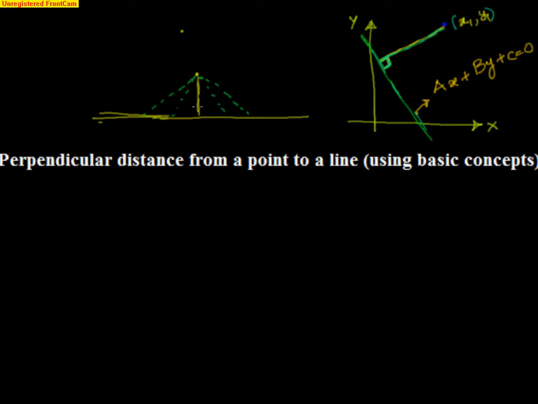That means only at this point you have a straight line. If you are going anywhere else, you are covering a distance of hypotenuse, where you have the vertical distance and also the horizontal distance. That's why the shortest distance is perpendicular, where this horizontal distance becomes 0. This distance becomes 0. So now I think you are clear why we always say that for distance from a point to a line, please consider only perpendicular distance, because we are interested in the shortest distance.